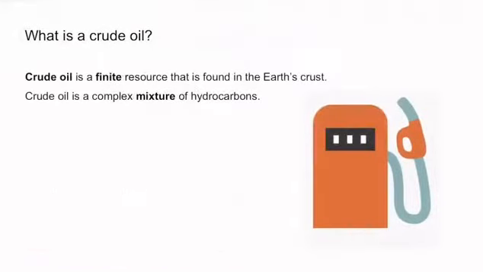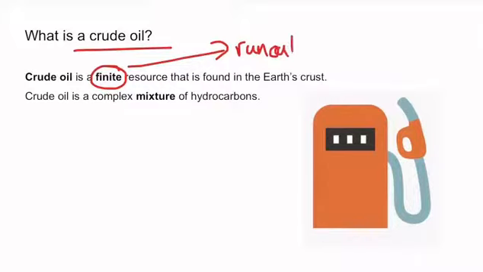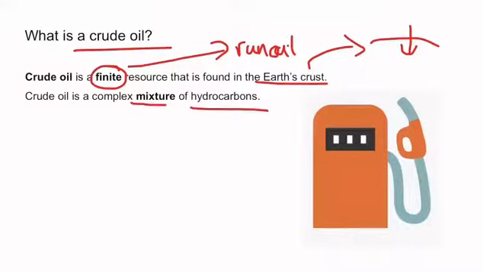So guys, now let's discuss what exactly is a crude oil. The first thing that we know is that a crude oil is a finite resource. What this means is that eventually they will run out. And we also know that they're found inside the Earth's crust, so for us that means that they're underground. Now crude oils are a complex mixture of hydrocarbons.